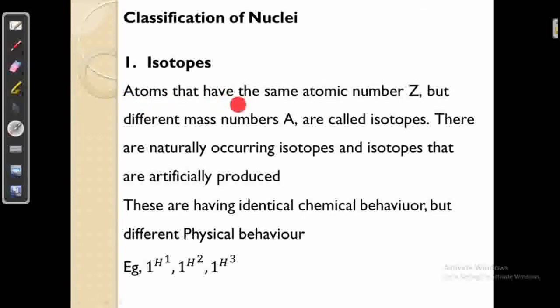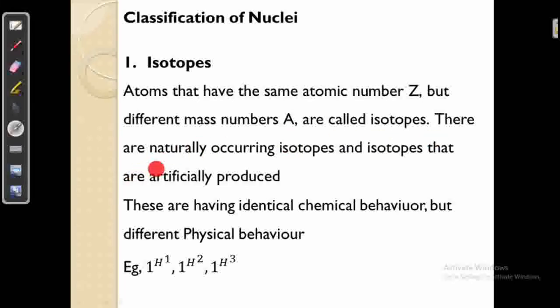Atoms that have the same atomic number but different mass numbers A are called isotopes. If they have the same atomic number but differ in mass number, the number of neutrons is different, that is, A minus Z is different. Z is constant for all the isotopes, but A is different, so A minus Z will be different.